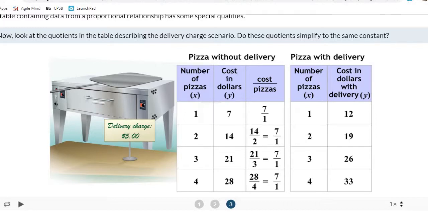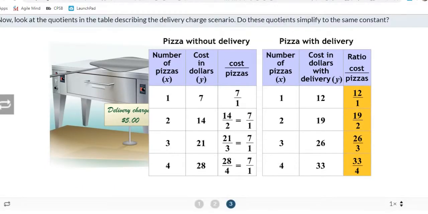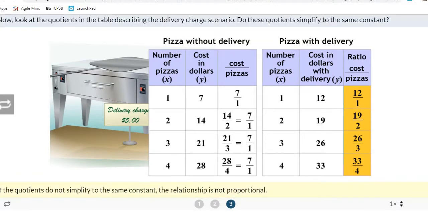Looking at this table and those quotients, do they reduce to the same thing? No. So, does this have a constant? No. So it's not proportional. Something is not constantly happening.